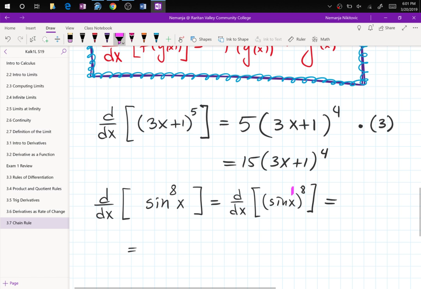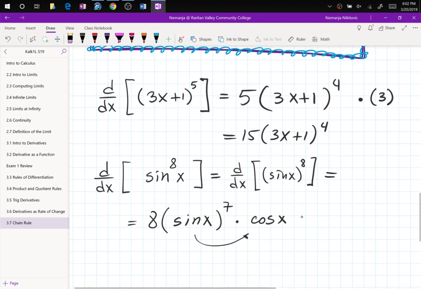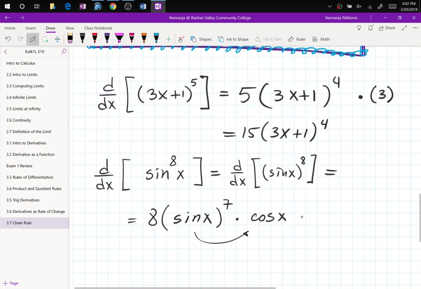If this was just an x to the 8th power, this would be an easy problem, right? So what's the derivative of x to the 8? It's 8x to the 7. Now your x in this particular problem is sine x. So we put sine x there, and then times the chain. The derivative of sine is cosine x. Great. And that's the solution. That's done.